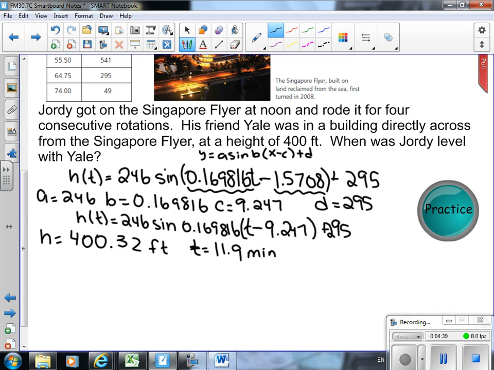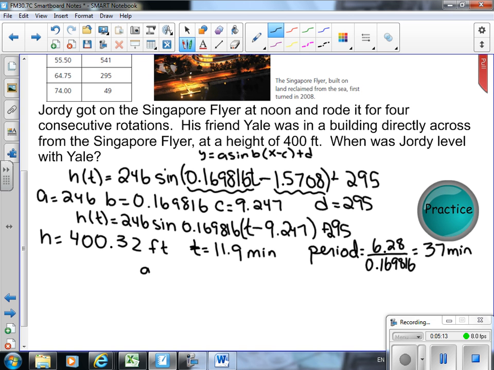So then to find the period, we're going to take our 2 pi, or 6.28, divided by 0.169816, which equals approximately 37 minutes. So that means each time he goes around, it takes 37 minutes. So after this 11.9 minutes, then he'll be at 400 feet again in 37 minutes.